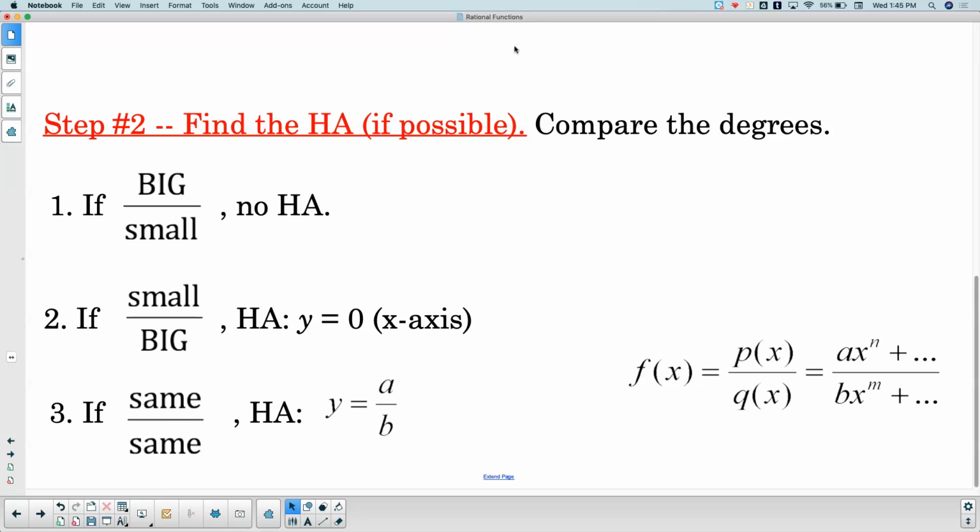So if big is over small, no horizontal asymptote. If small is over big, y equals 0 is our horizontal asymptote. If it's same over same, y equals a over b, and I get a and b here from my lead coefficients of the numerator and denominator.